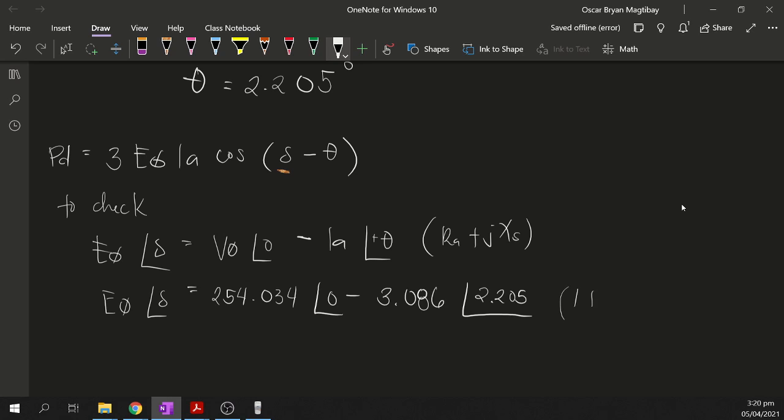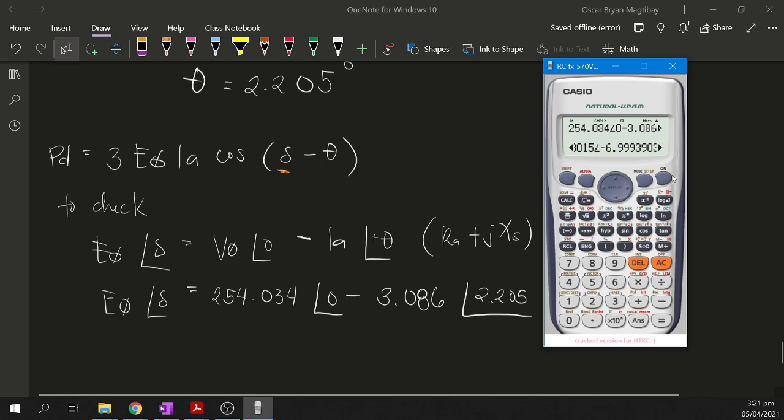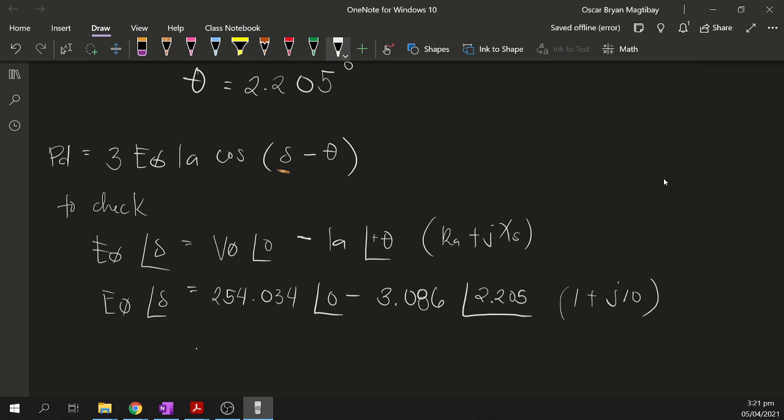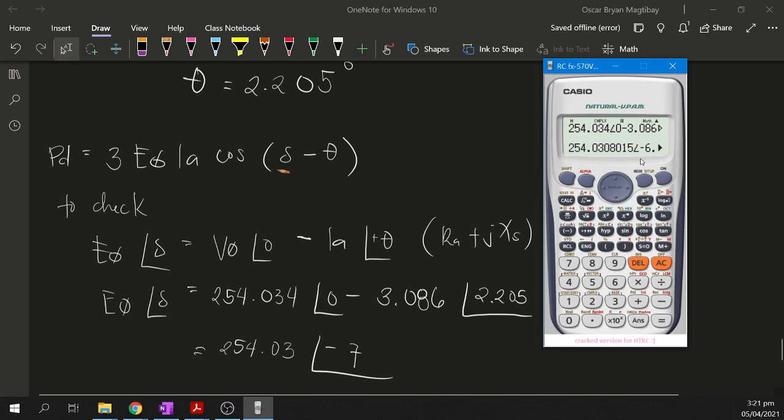Times 1 plus J10 ohms. Pag kinumpute natin ito, ang kalalabasan niyan is 254.03 bar angle negative 7, approximately, bar angle negative 6.9999939.